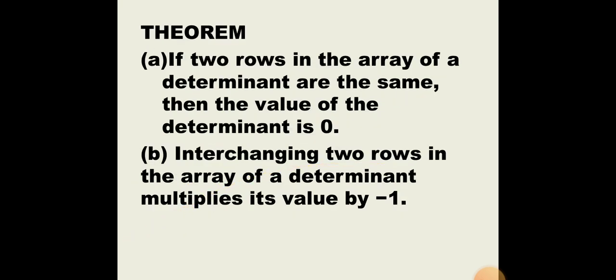So these are the theorems I am referring to. First, if two rows in the array of a determinant are the same, then the value of the determinant is 0. Now, for the second theorem, interchanging two rows in the array of a determinant multiplies its value by negative 1.